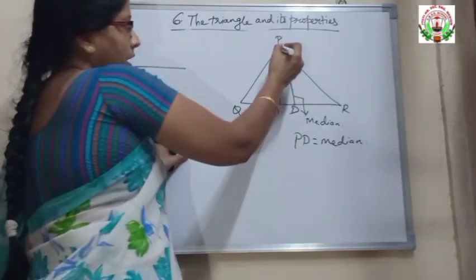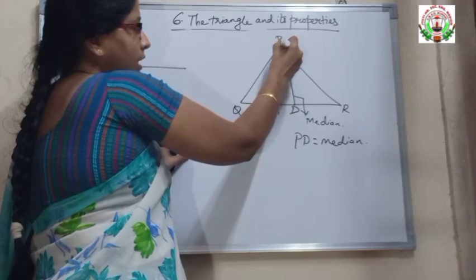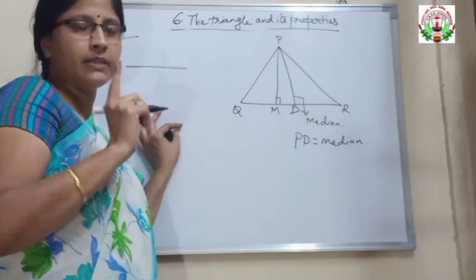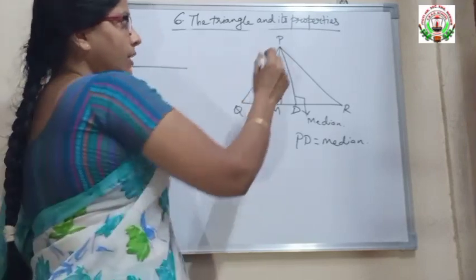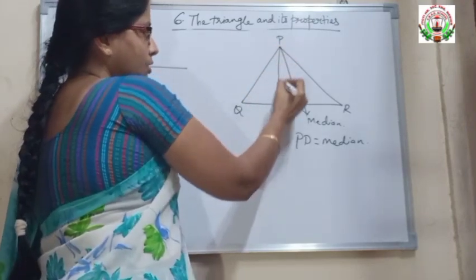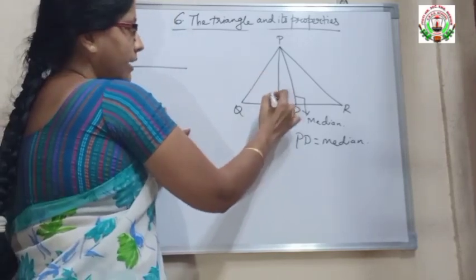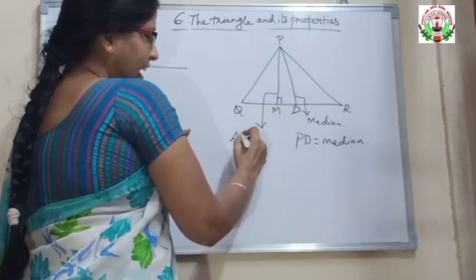And a line drawn from the vertex to the opposite side, perpendicular line that makes 90 degrees. So perpendicular line drawn from the vertex to the opposite side, that is PM. So this is an altitude.